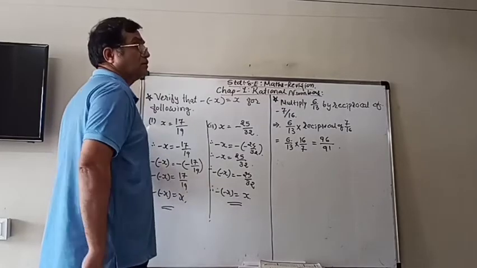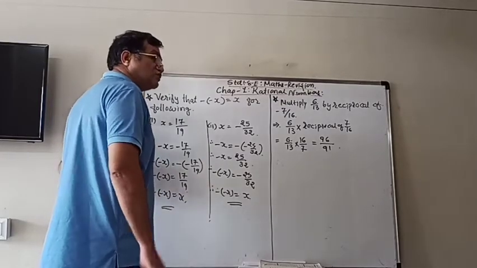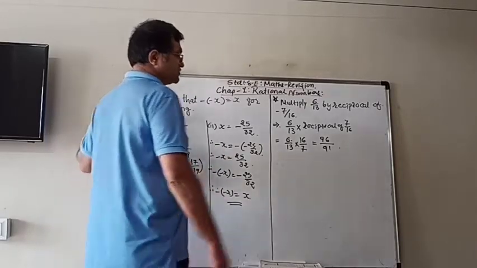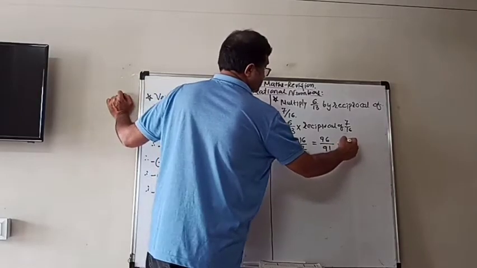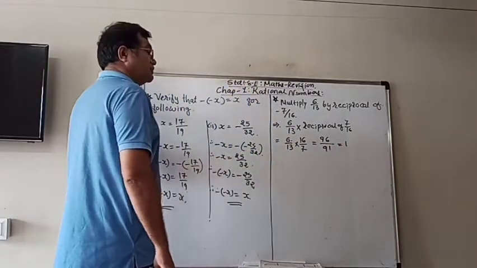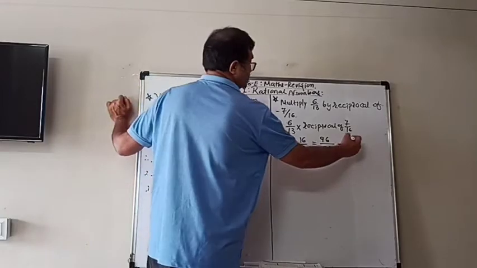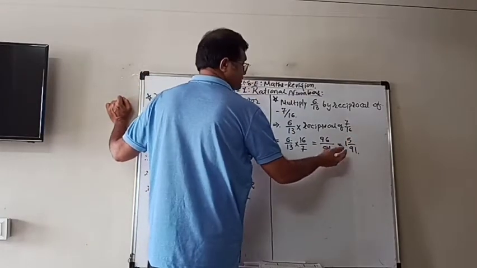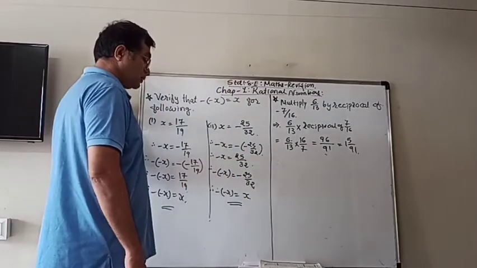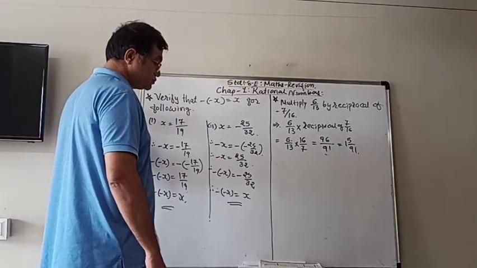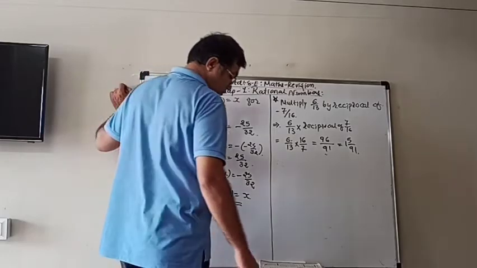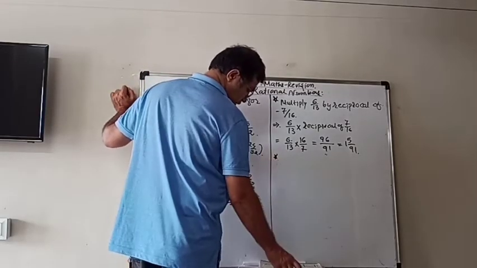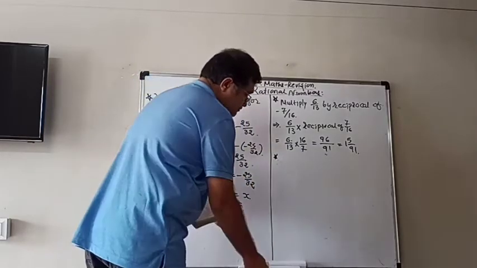Here it is an improper fraction, so you can convert it into a mixed fraction. 91 ones are 91, 5 remainder, so 1 integer 5 upon 91. Or if you write it as it is, that is also not a wrong answer. Now take another example like that.